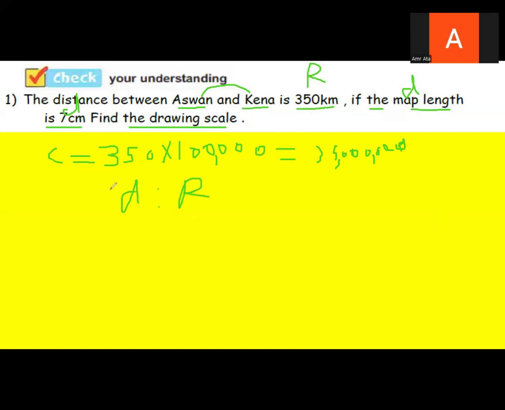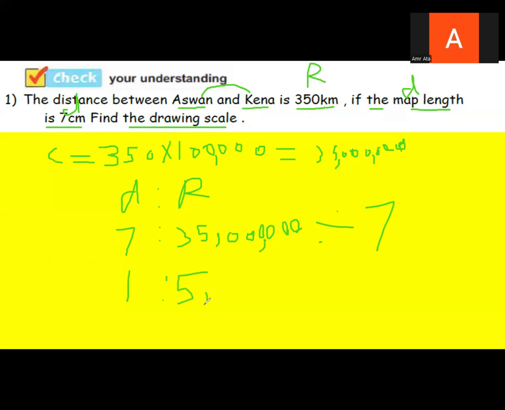The next step, draw to real. In draw, the distance is 7. In the map means in draw, 7. Real is after convert, of course, 35 million. I write draw to real. Simplify, divide by 7. 7 divided by 7 equals 1. 35 divided by 7 equals 5.